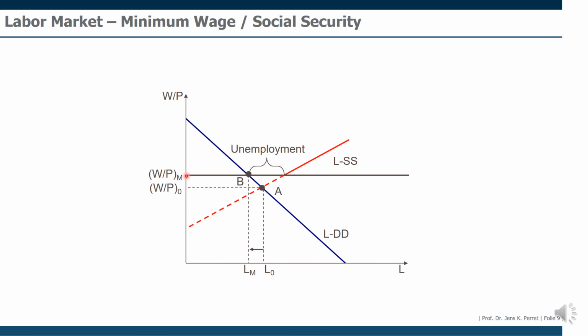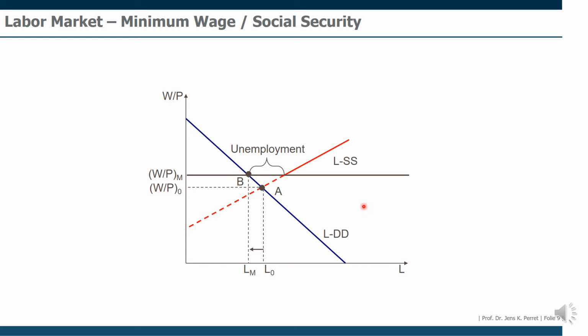So the wage rate cannot drop below the set level. Well, if it cannot drop below the set level, there are actually two possibilities. Either, for example, the minimum wage, if we take this as an example, is down here. Well, in this case, the equilibrium will be established, which is higher in wages than a minimum wage. So the minimum wage in this context will have no effect whatsoever.